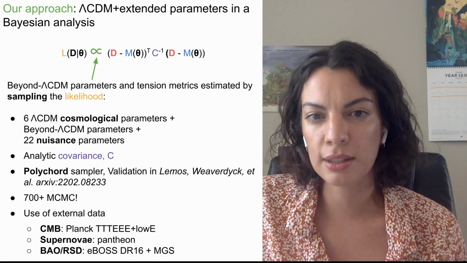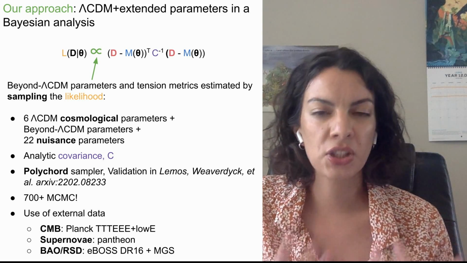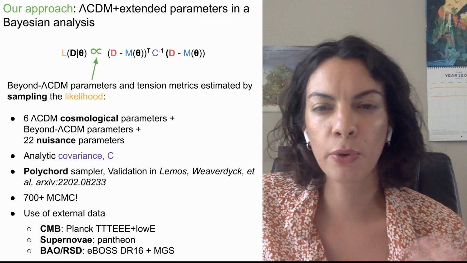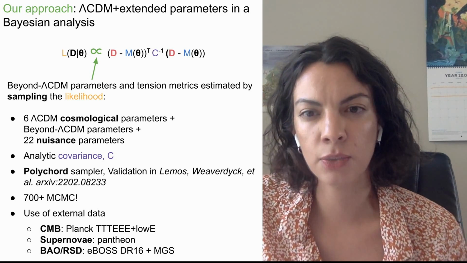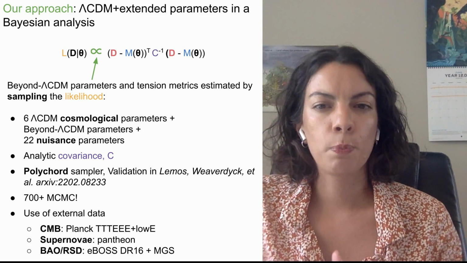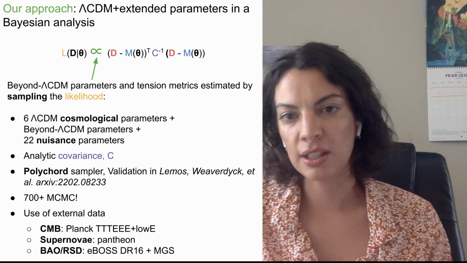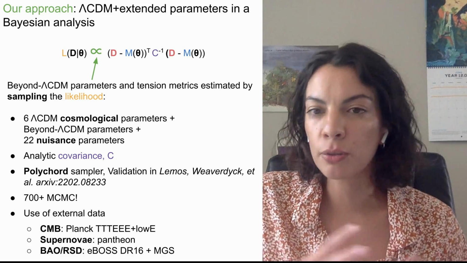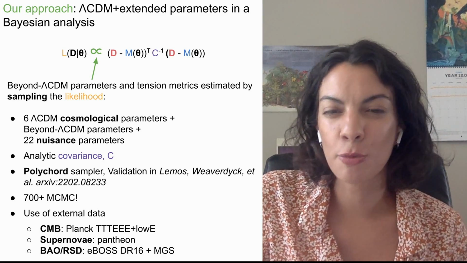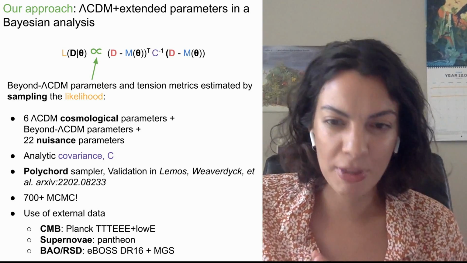And as we did in Lambda CDM, we take a Bayesian approach where we need to sample this likelihood here that we're going to talk about afterwards. But basically, to estimate these extended parameters and the tension between extended models and Lambda CDM, we run Monte Carlo Markov chains, varying a lot of parameters.